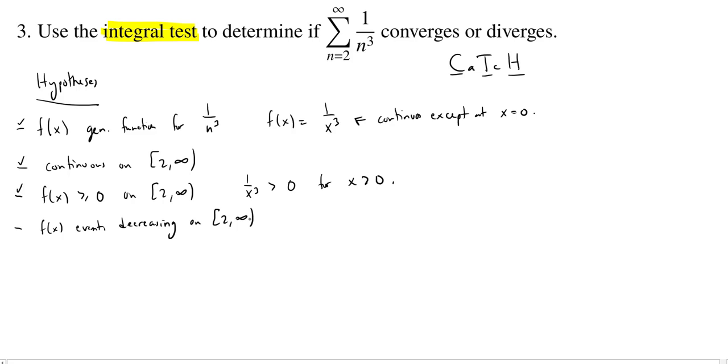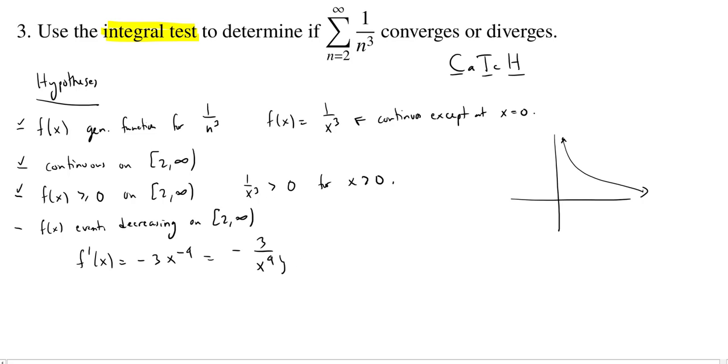Okay, well, we know the graph of f of x is going to look something like that. So it's definitely decreasing. If we wanted to test this very carefully, we could look at the derivative. What's the derivative of f of x? This is x to the negative 3, so the derivative is negative 3x to the negative 4, or negative 3 over x to the fourth. And x to the fourth is always positive because it's a fourth power.